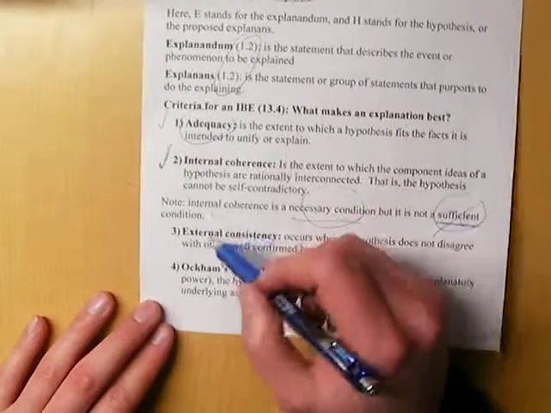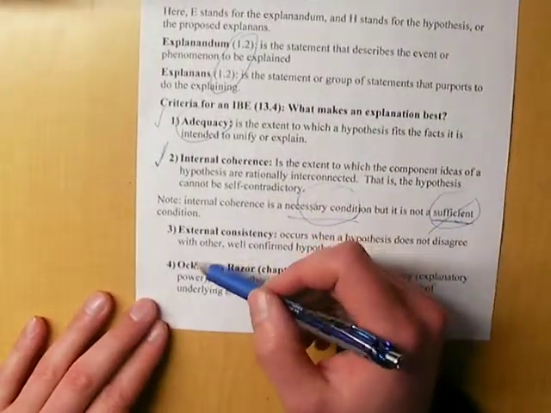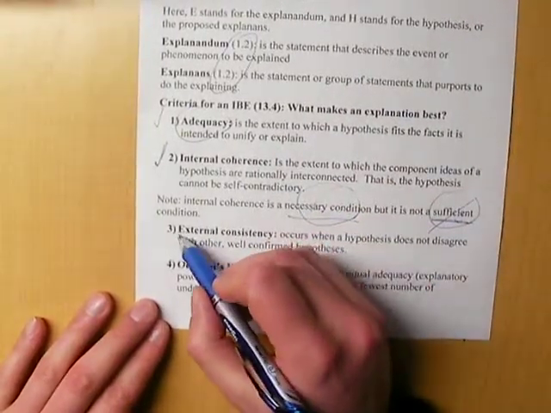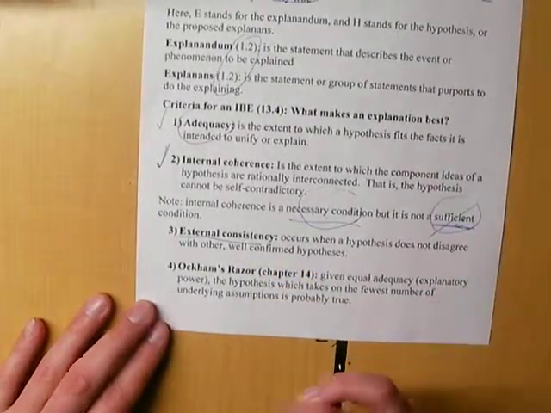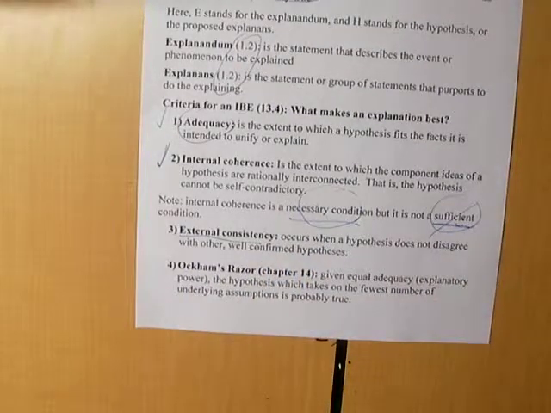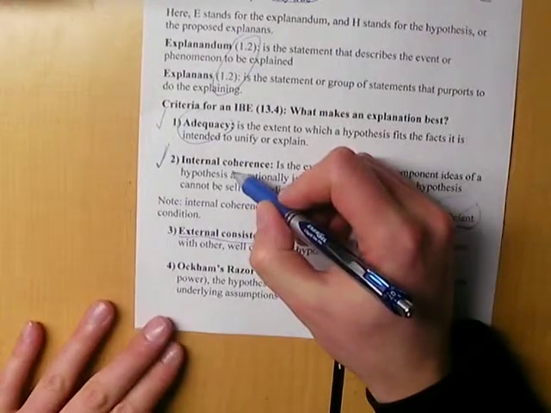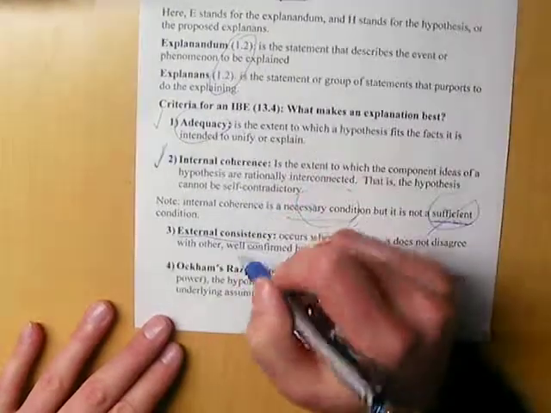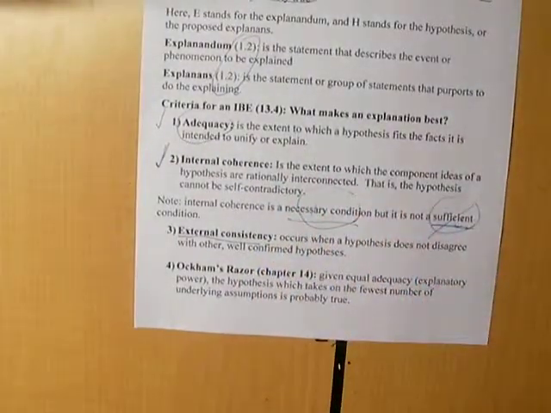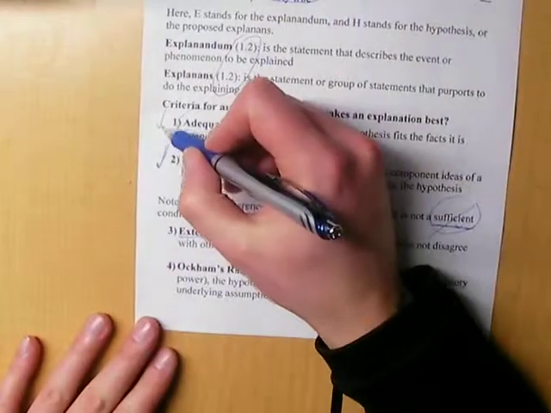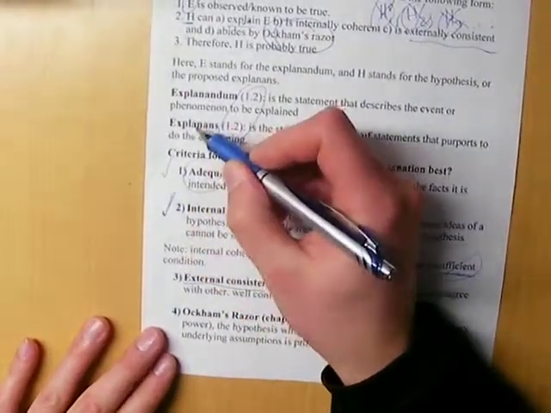We then need to dig a little deeper. A couple of other criteria listed here. Number 3, and no real order, we want our hypothesis to be externally consistent. Number 2 here, we don't want it to contradict itself. And number 3, we don't want it to contradict other things we know to be true. So our hypothesis might be off to a good start. Okay, it explains E, great.